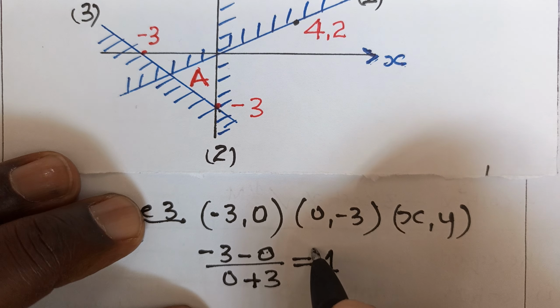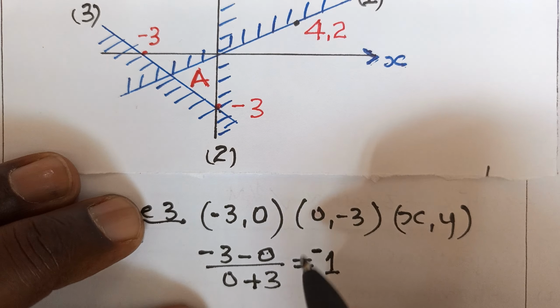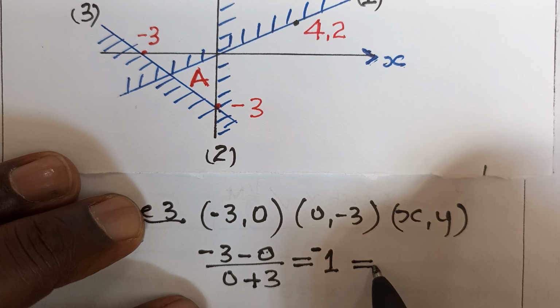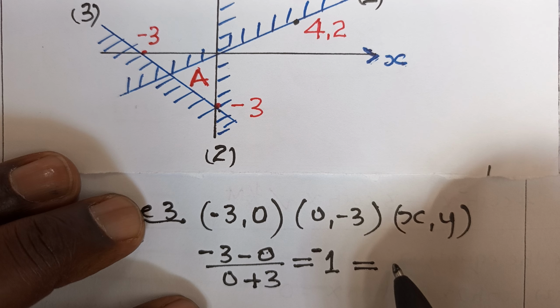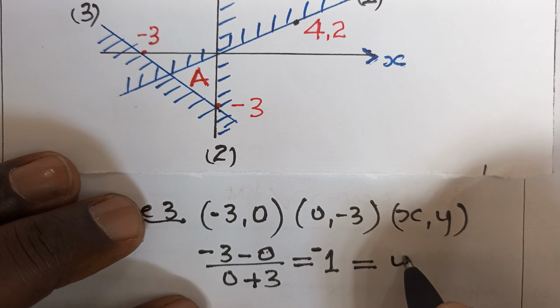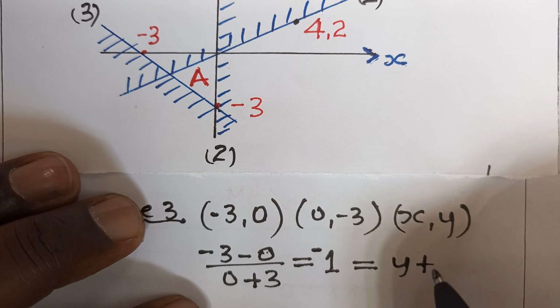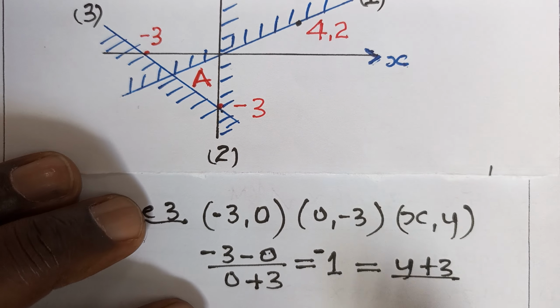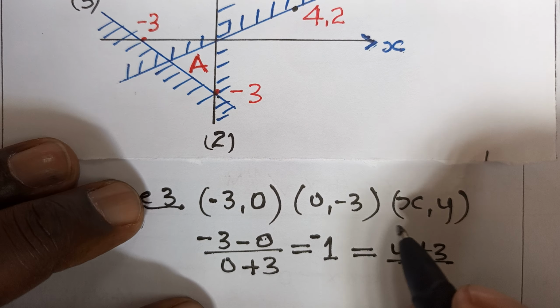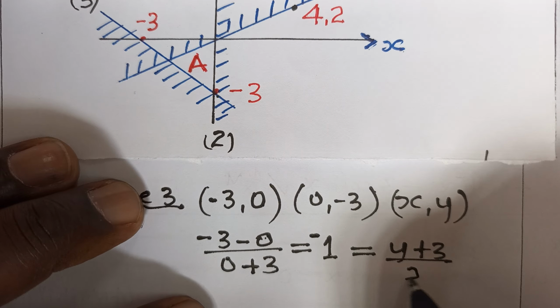Now this is equal to the y increase, y minus negative 3, that is y plus 3, all over the x increase, which is x minus 0.